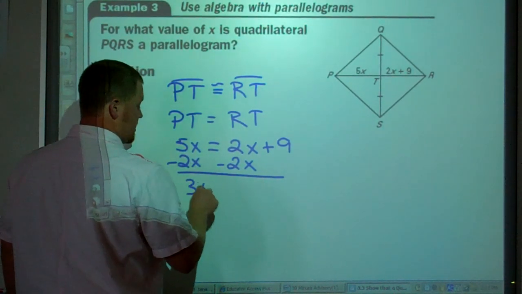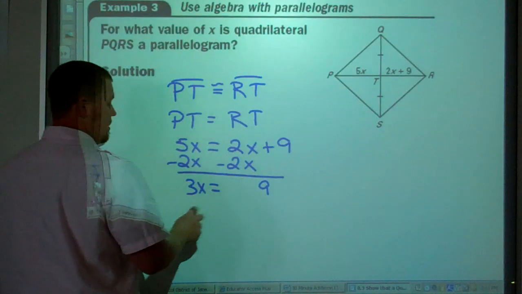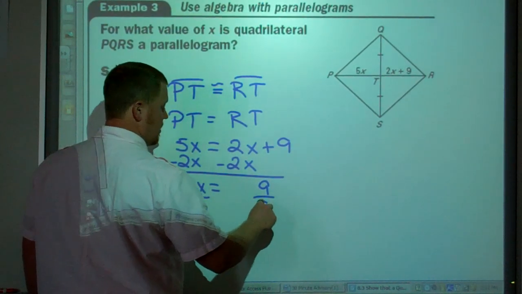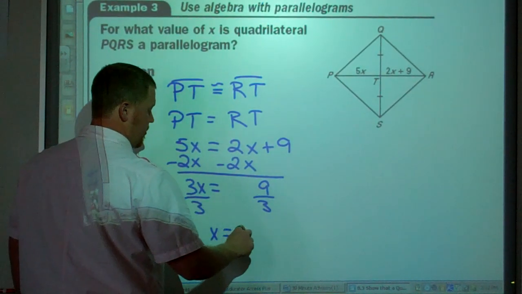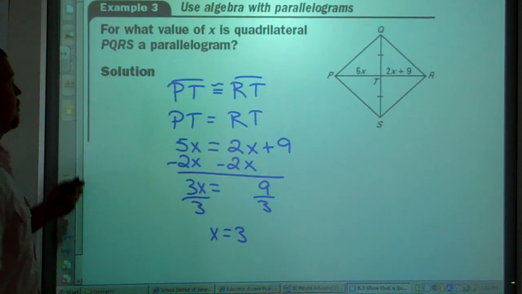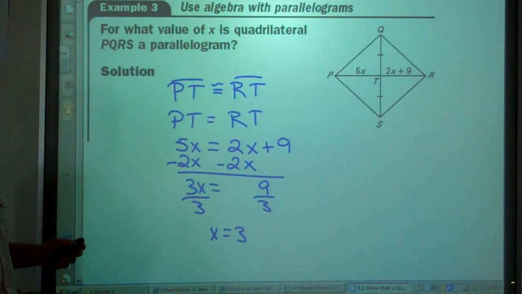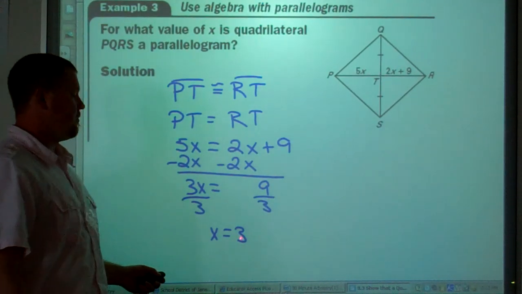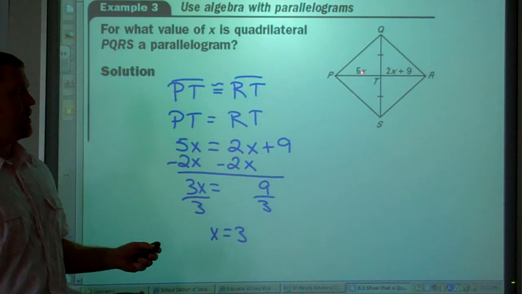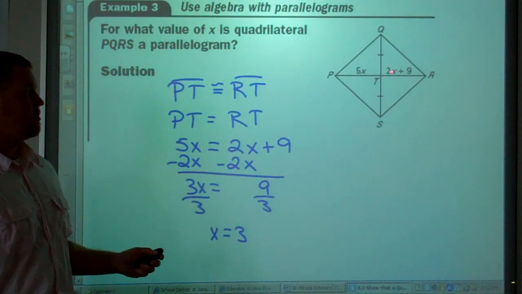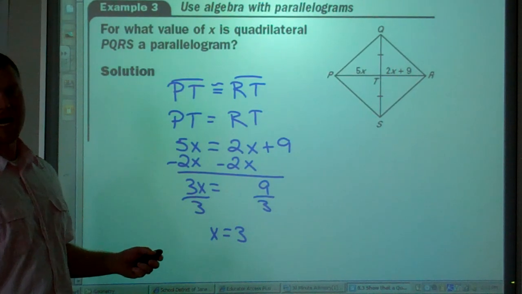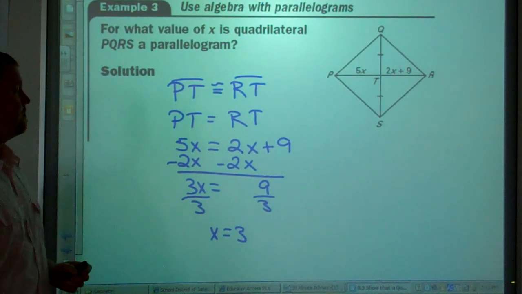We get 3x equals 9. Divide by 3. X equals 3. So the quadrilateral PQRS is a parallelogram when x equals 3. If we check, 5 times 3 is 15, and 2 times 3 is 6, plus 9 is 15. Yep, they're congruent.